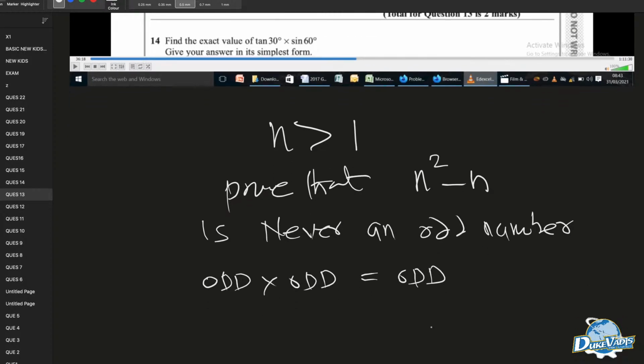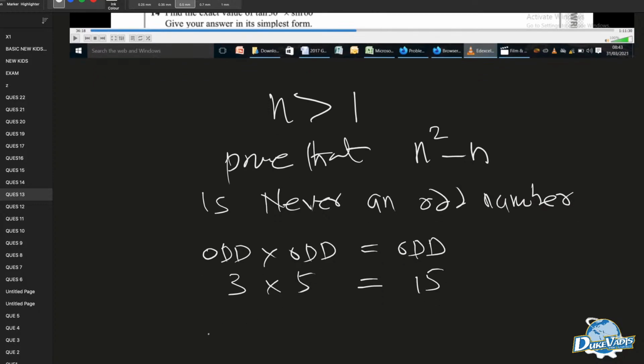So if I have 3 multiplying 5, I'm going to get 15, and it's odd. Now the next condition is when I have odd multiplying even number, you know for sure that I'm going to get what? Even.